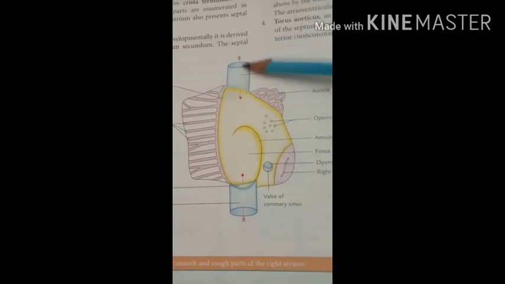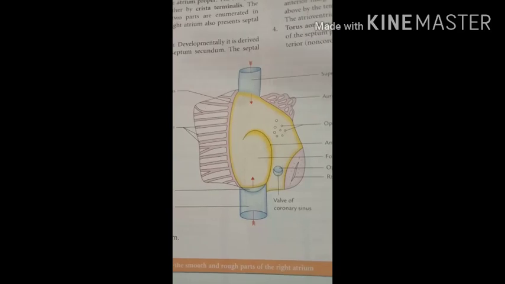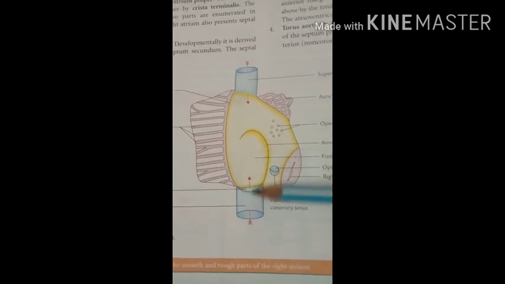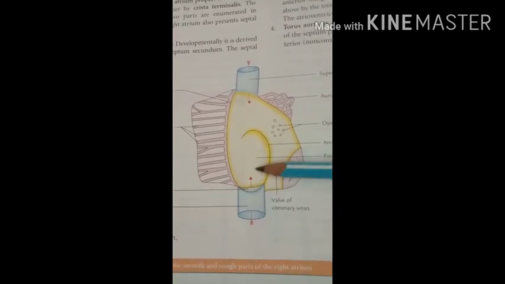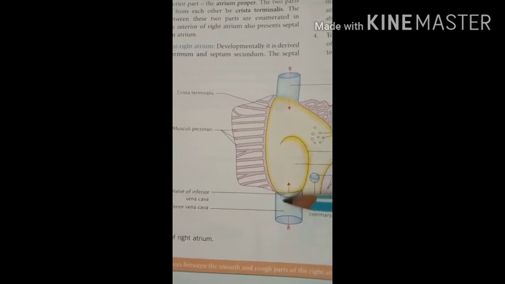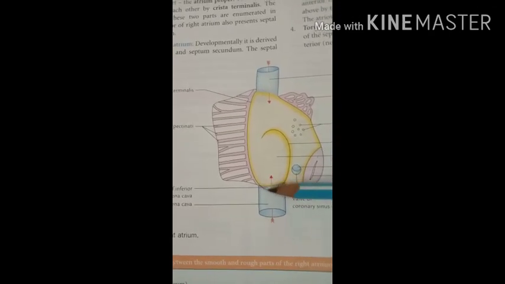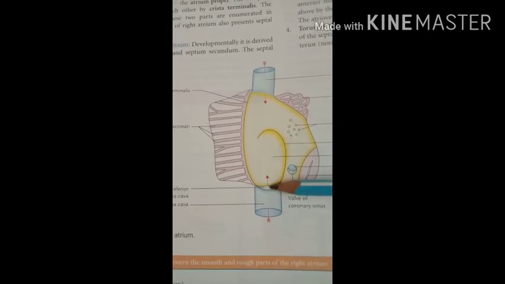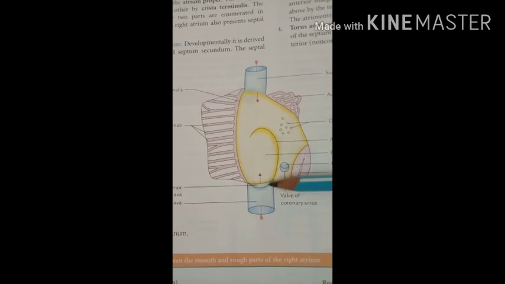The superior vena cava opens at the upper end, and the inferior vena cava opens at the lower end. The inferior vena caval opening is guarded by the Eustachian valve. So here you can see the Eustachian valve, this one.